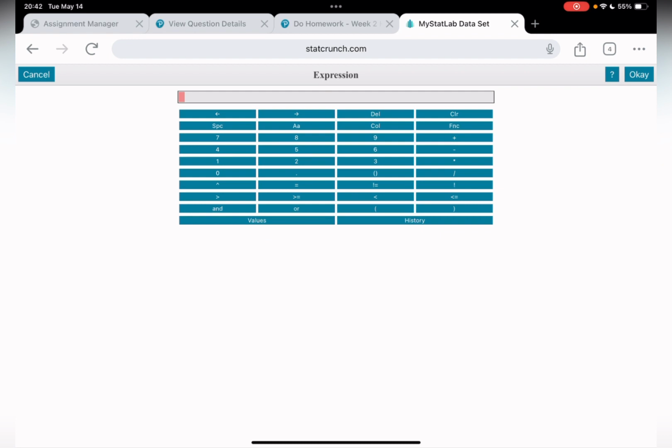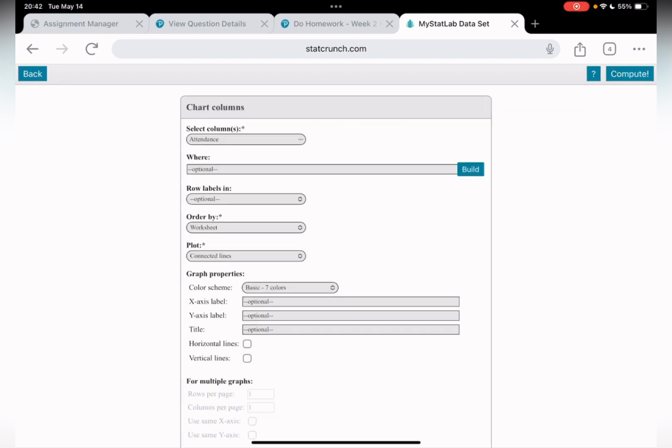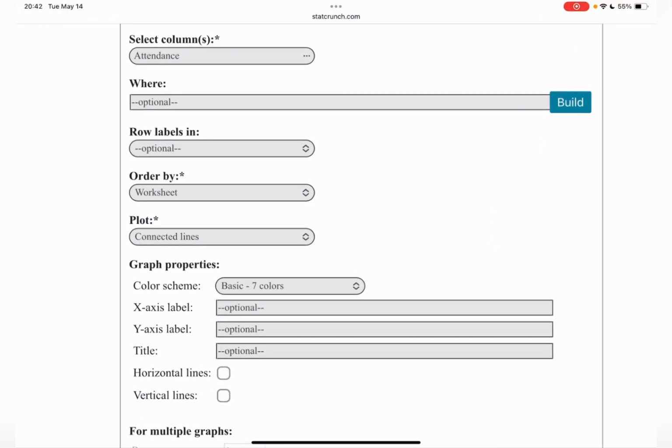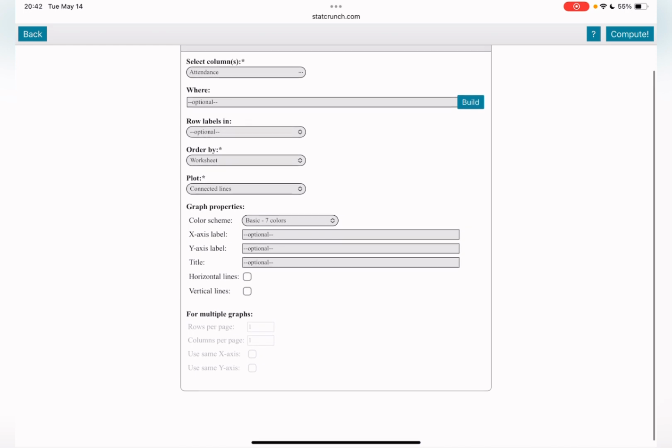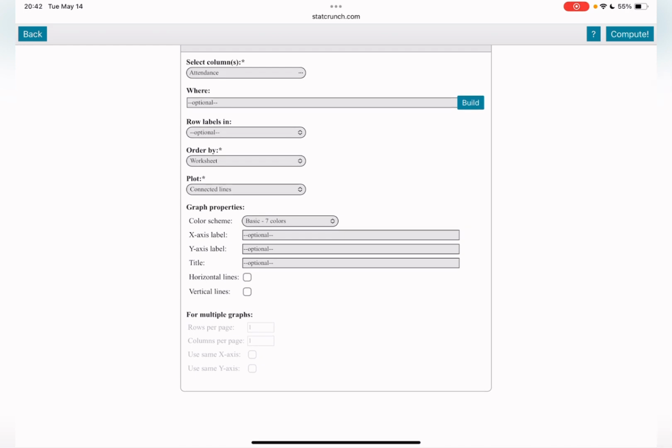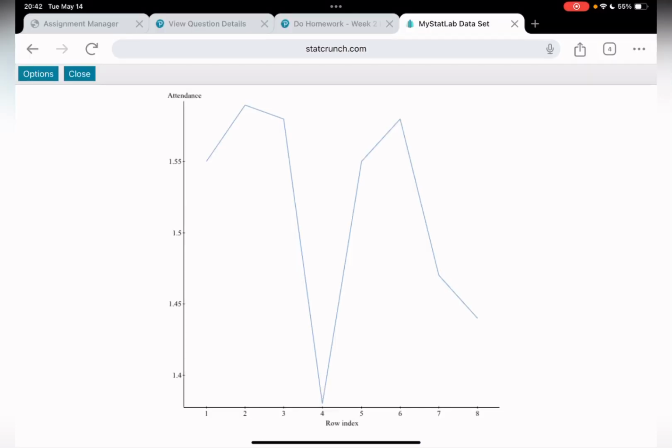What is this? Oh, okay, compute. Okay, here is my graph.